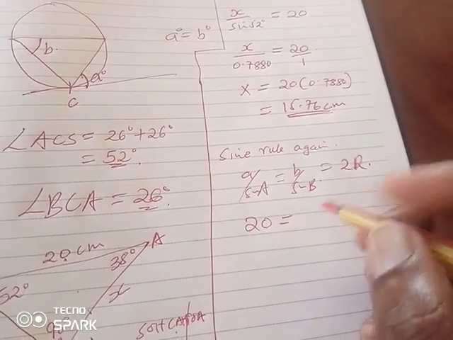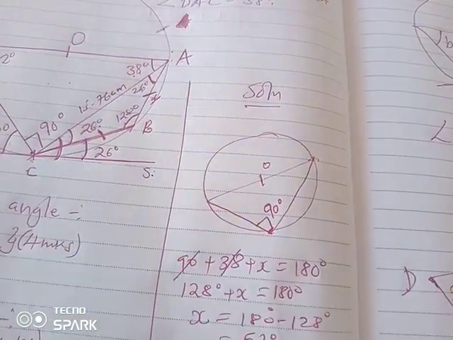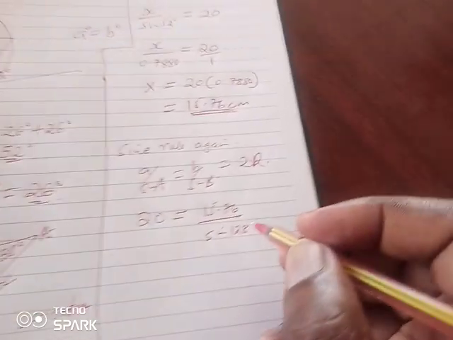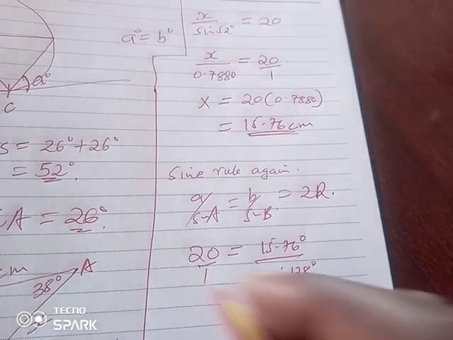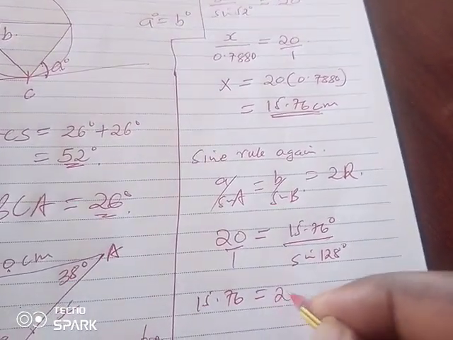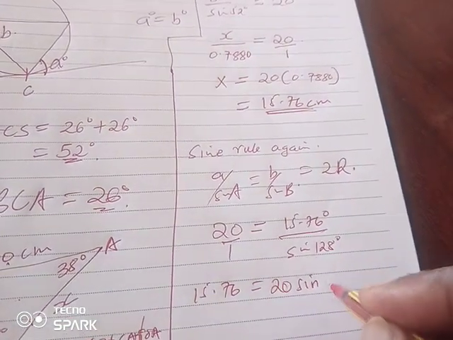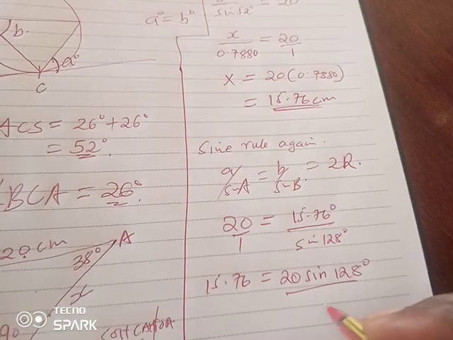Therefore 20 is equal to B, where B is 15.76 over sine 128 degrees. So cross multiplying, we shall be having 15.76 is equal to 20 sine 128.